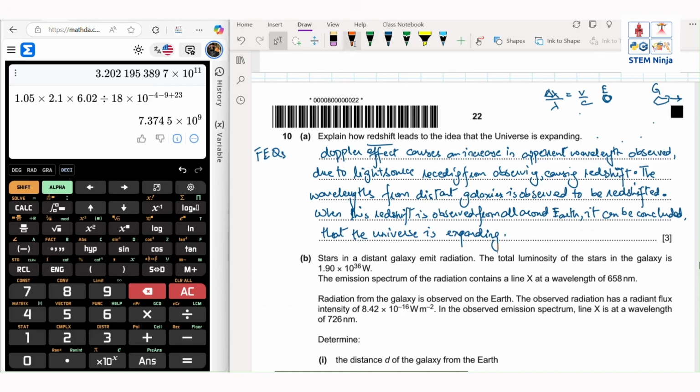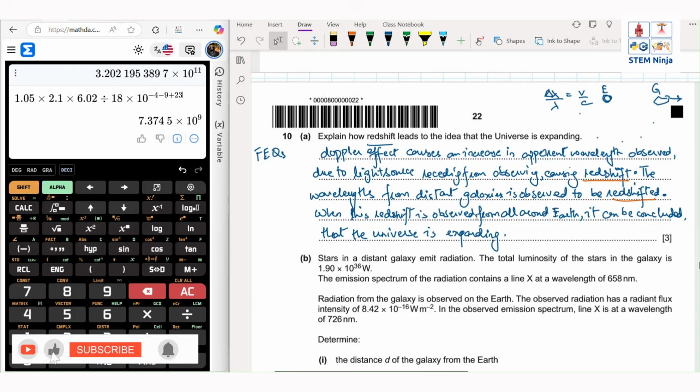Okay, so we have to be very clear about the reasoning over here. So what is redshift? It's the Doppler effect that's causing the observed wavelength to be slightly higher than the original one. And when we are observing the wavelengths from distant galaxies, they are observed to be redshifted.